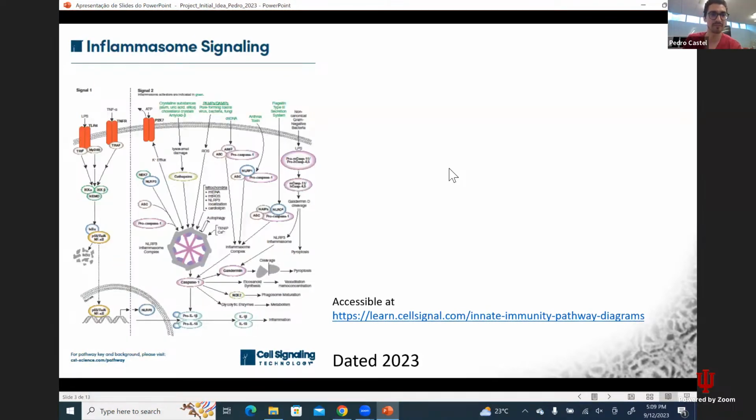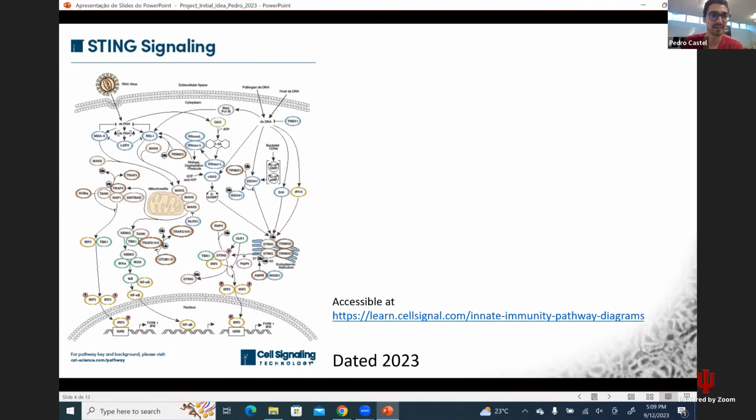So inflammasome, sorry? Yes, unfortunately. So inflammasome signaling, I have no idea what it is. STING signaling, no idea too, but I heard STING before in some of the other papers.